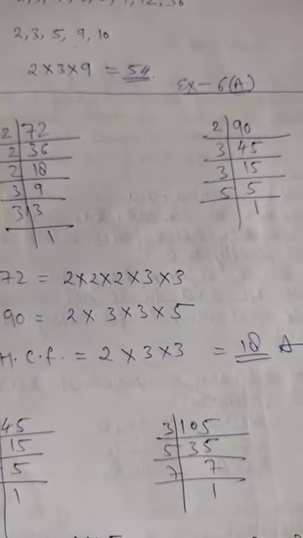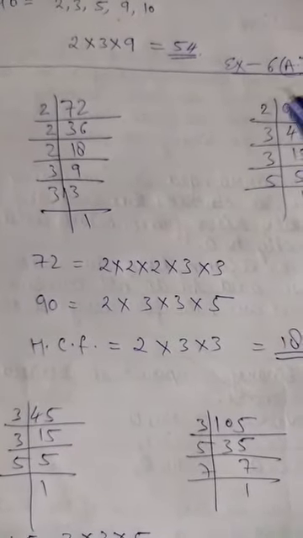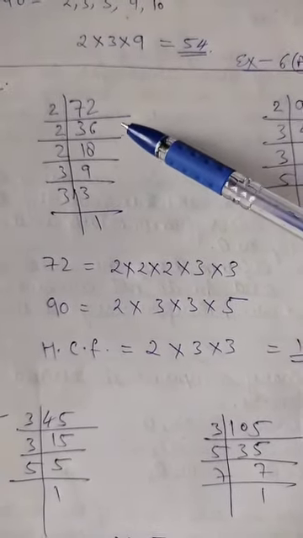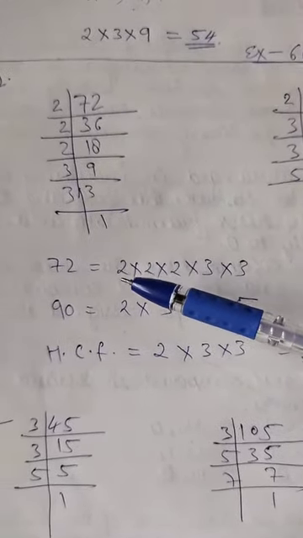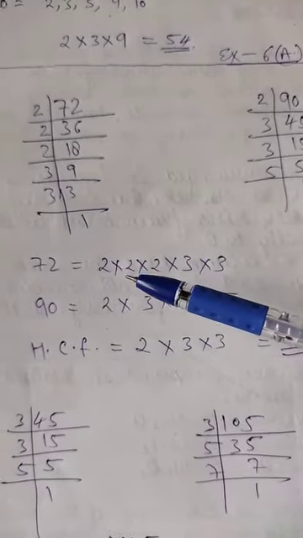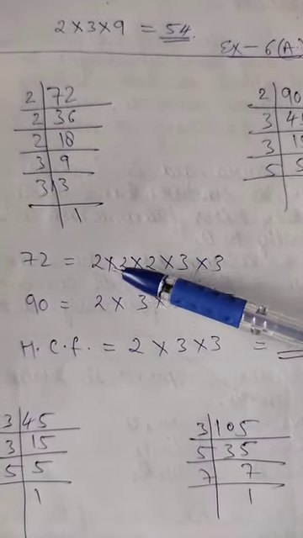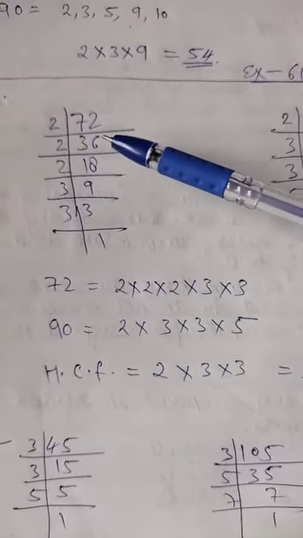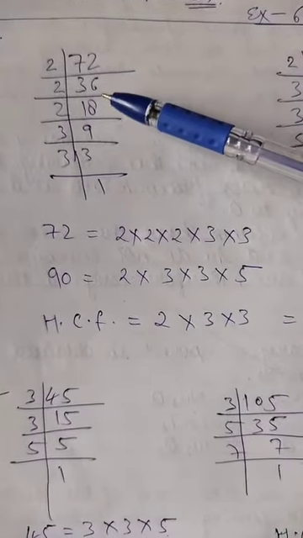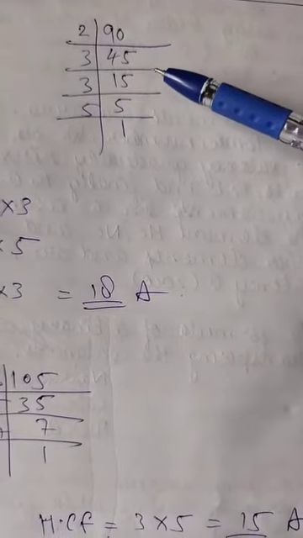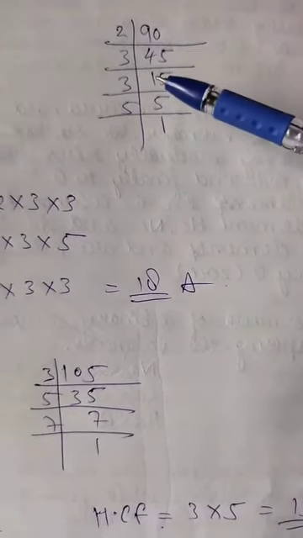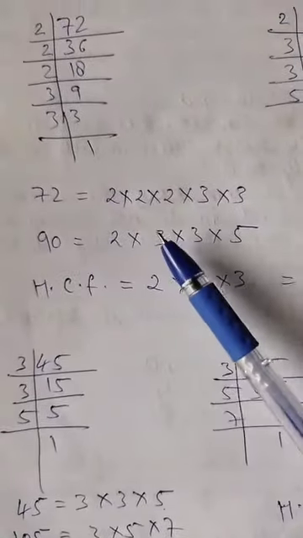The numbers are 72 and 90. First of all I will find the factors of 72, then the factors of 90, and then you have to write their factors.